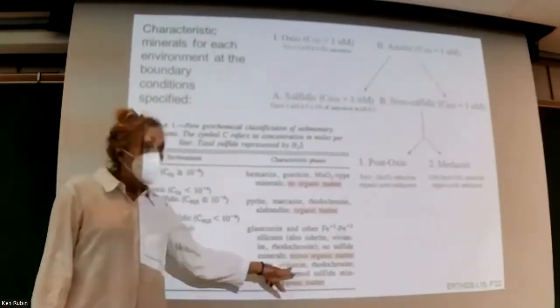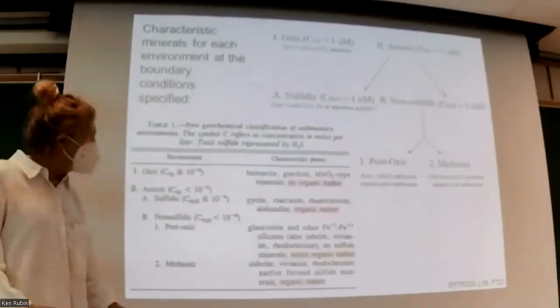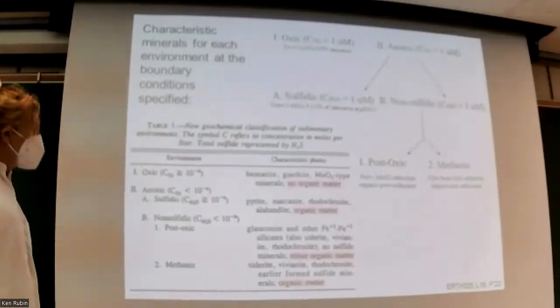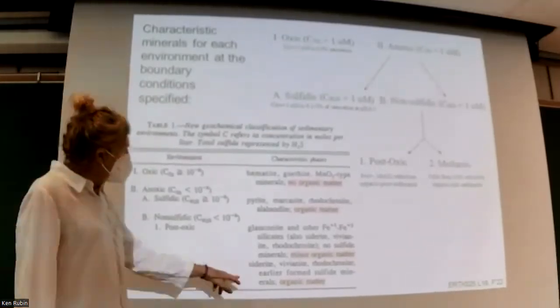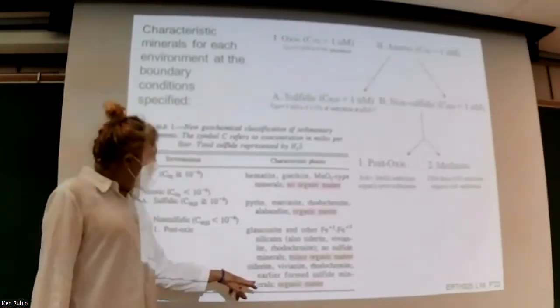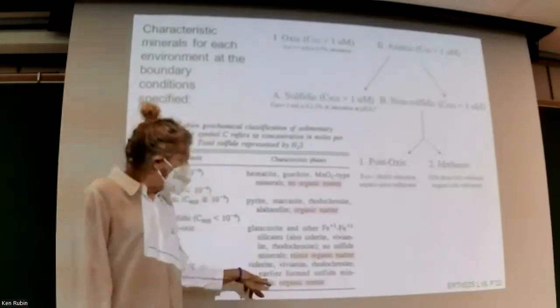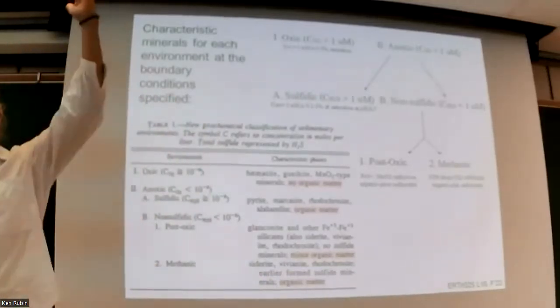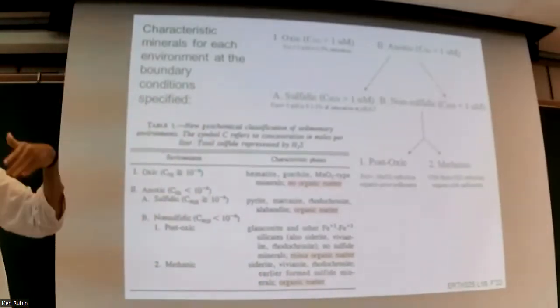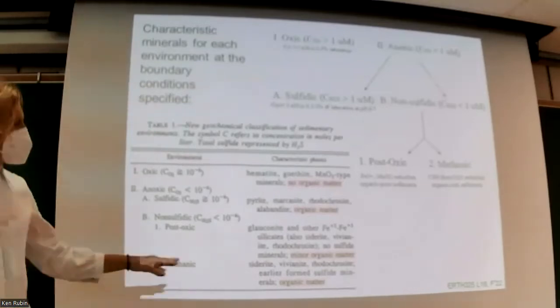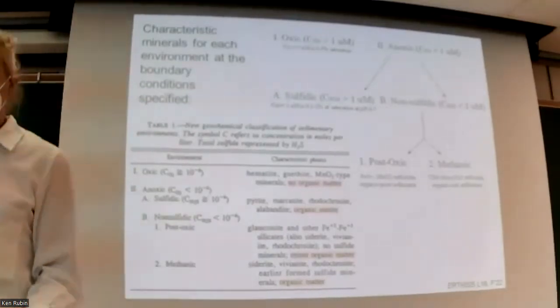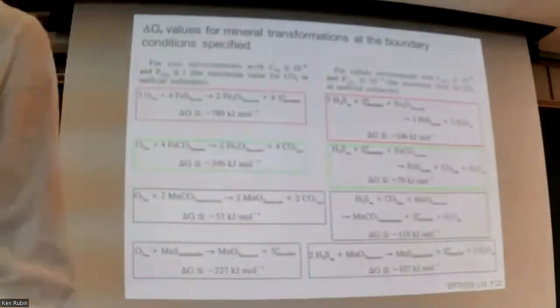Down here, we see slightly different minerals too. Here's that famous vivianite that I mentioned, the iron phosphate, for instance. And so you can see this key thing here. It says earlier formed sulfide minerals, meaning earlier, higher up in the stack. We've gotten down below to the place where this stuff was already removed as it was produced, so we don't find it.